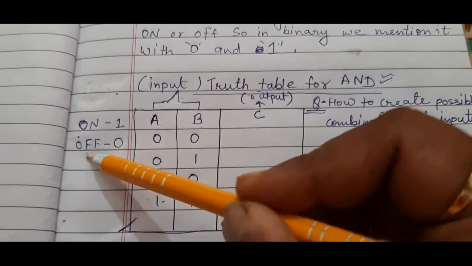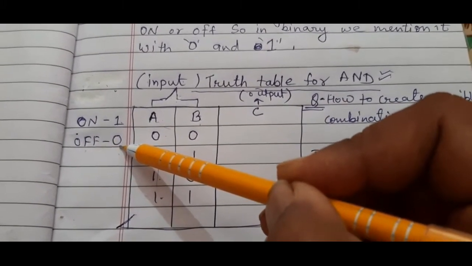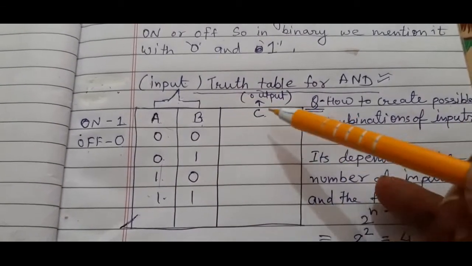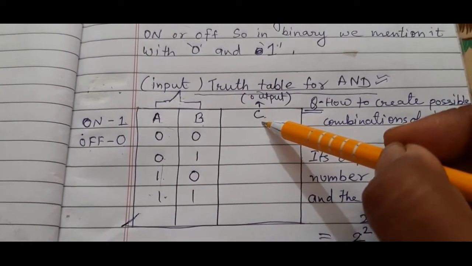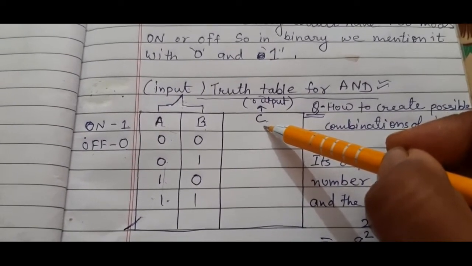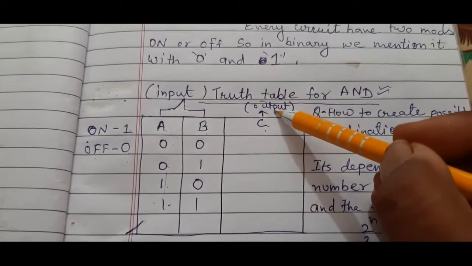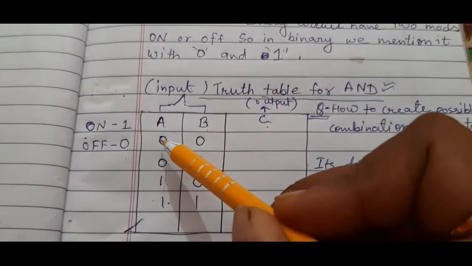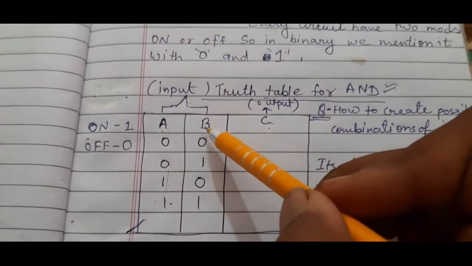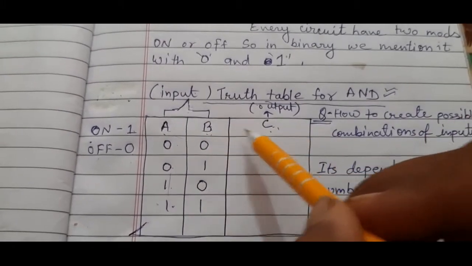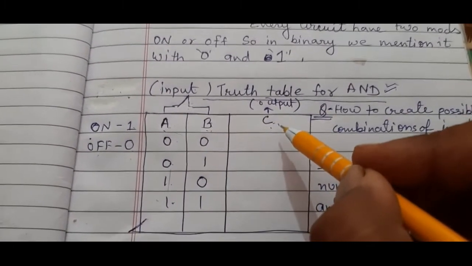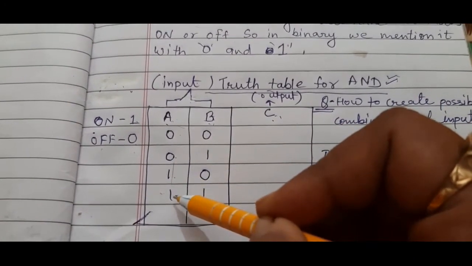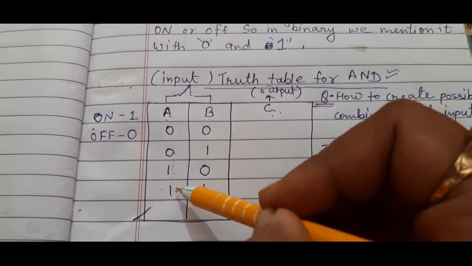If the circuit is off, then it will be mentioned by 0. The third letter I have taken for output. In other words, A, B and C are the variables, and the 0, 0, 1, 1 you can see here are the values.